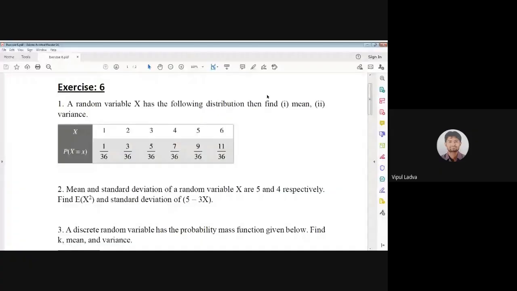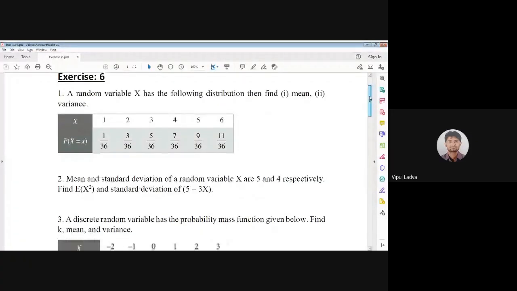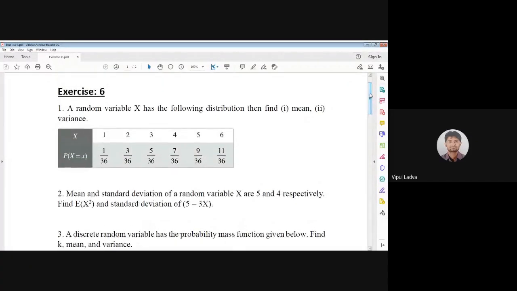I'm gonna share a different window with all of you. Wait, as you say that all of you are clear, let me share this exercise. Good. This is exercise 6.